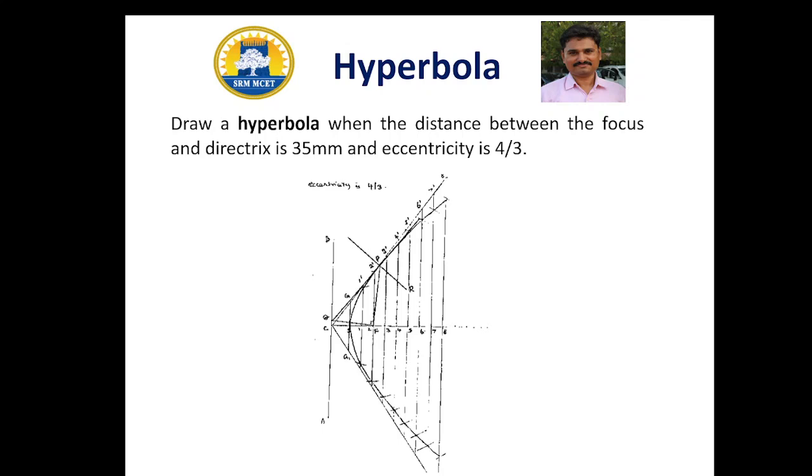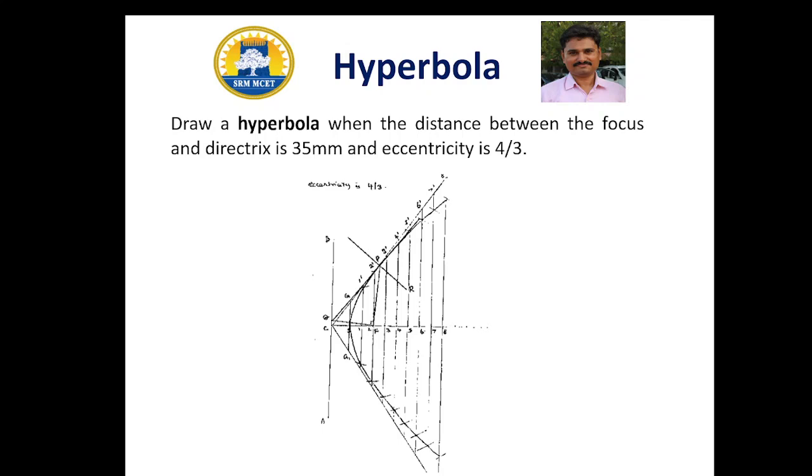Next, we will discuss the procedure to draw the tangent and normal lines to this hyperbola curve. First, mark a point P anywhere on the hyperbola.